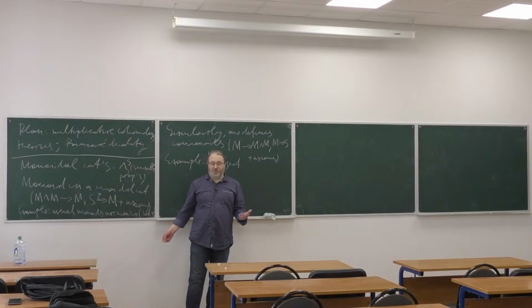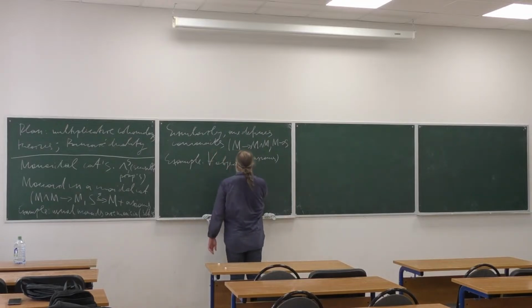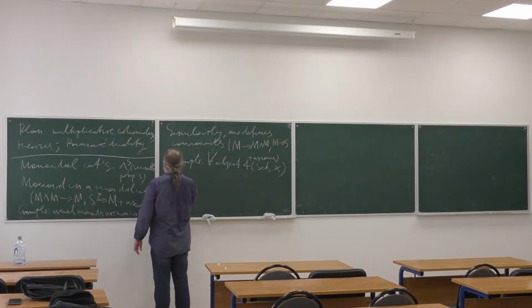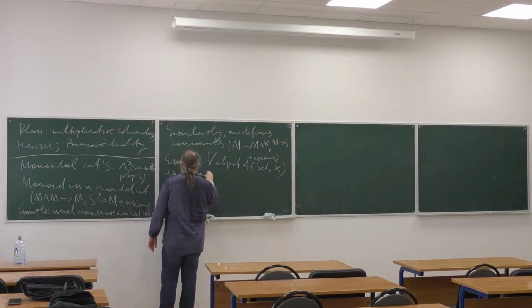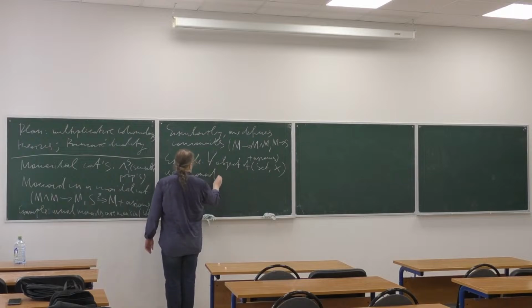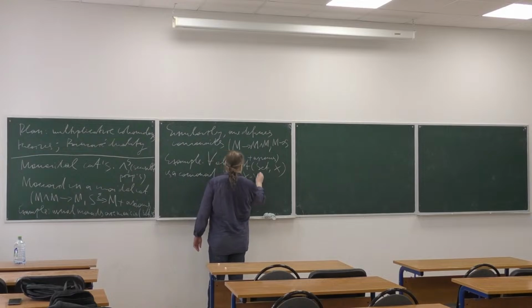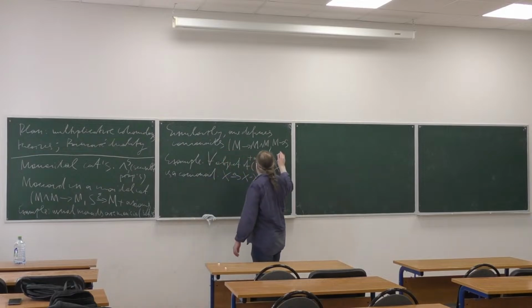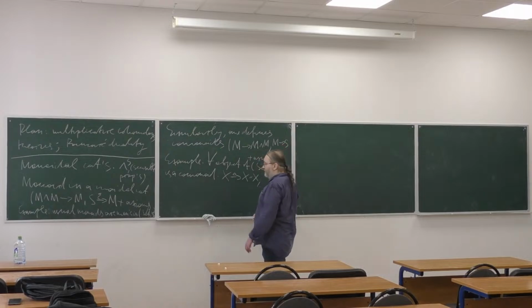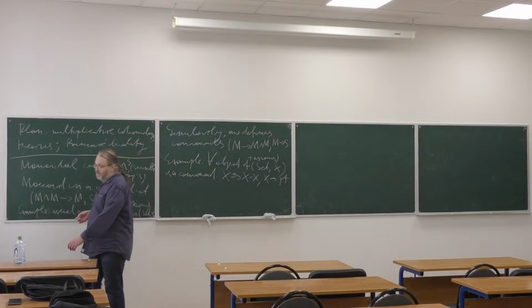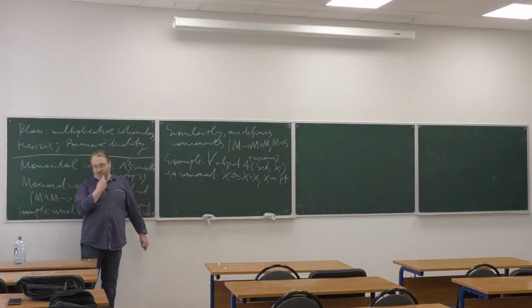All sets are comonoids. Well, the monoidal unit in this particular case is the 1-point set, and the structure map from X to X squared is the diagonal.